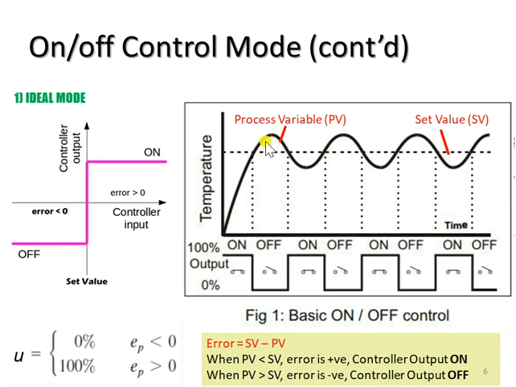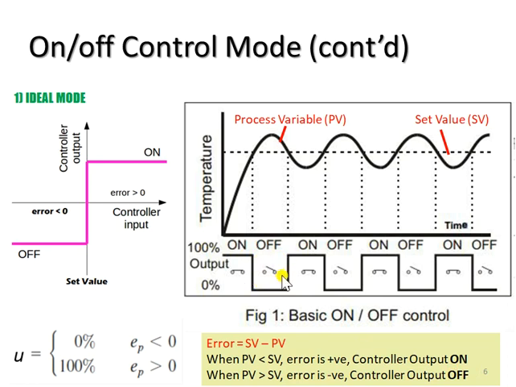During this stage, the equation is already opposite, where we can see that PV is already greater than the SV. So when the PV is greater than SV, the error is negative, and therefore the controller output is set to off. So we can see the controller output is off.